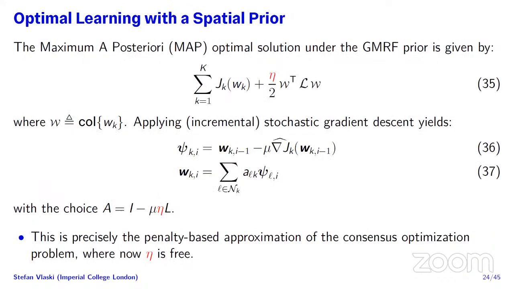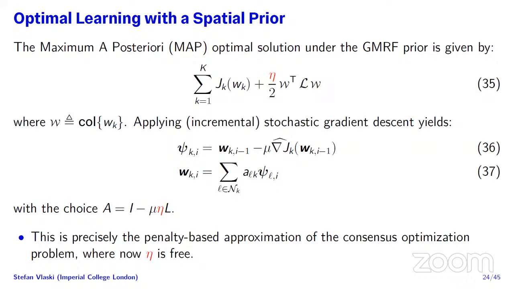Okay, so then we can now formulate, let's say, the maximum a posteriori estimate of the models for a given Gaussian Markov random field prior. And what you will find is that this actually comes back to the penalized consensus optimization problem, okay? So if we impose the prior of the Gauss Markov random field, that's going to give us this quadratic regularization here, whereas in the first term, we have the local objectives, okay?